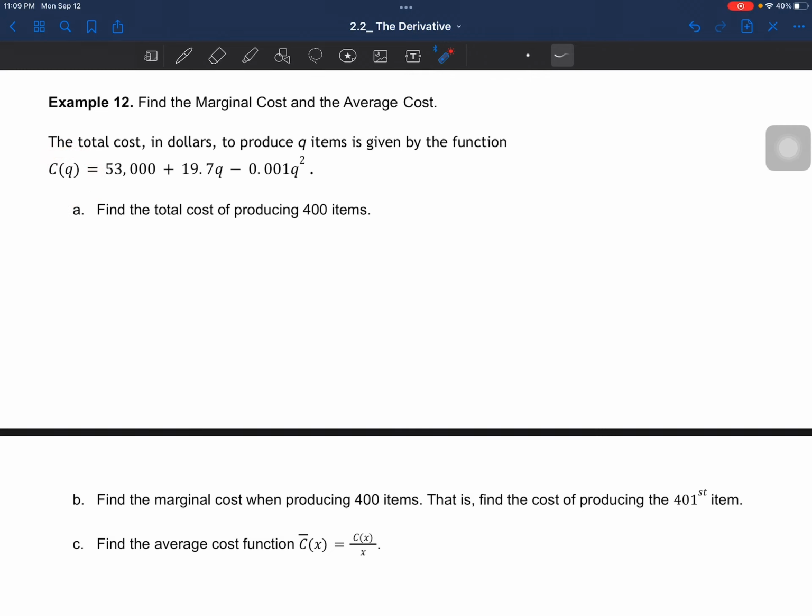Well, that by definition is this. So what we need to do is a direct substitution of Q with 400.